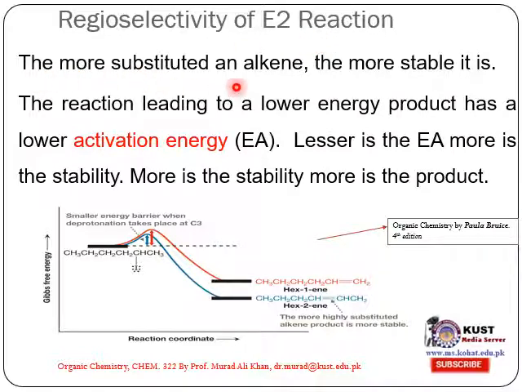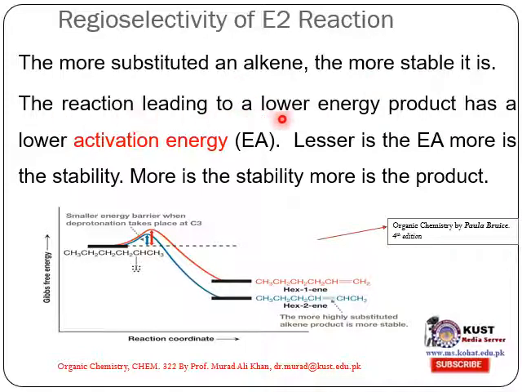The more substituted an alkene, the more stable it is. When the elimination reaction occurs and we get an alkene as a result, if there are more substituents on the double bond, on the carbons having the double bond, the more will be the stability of the product.